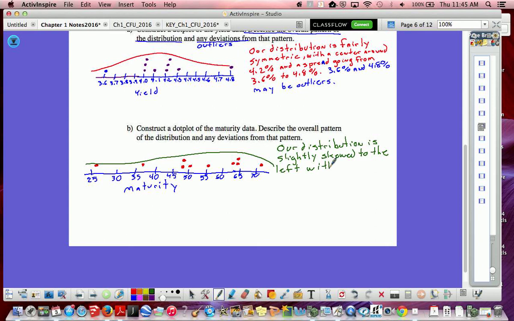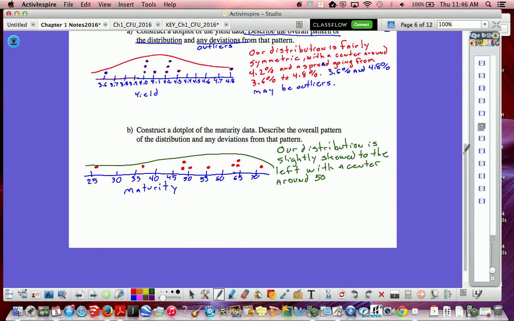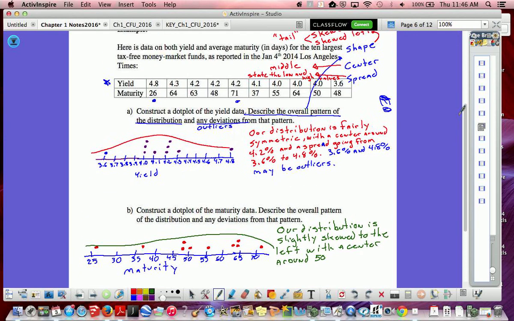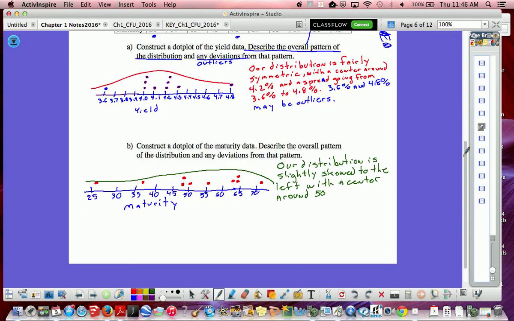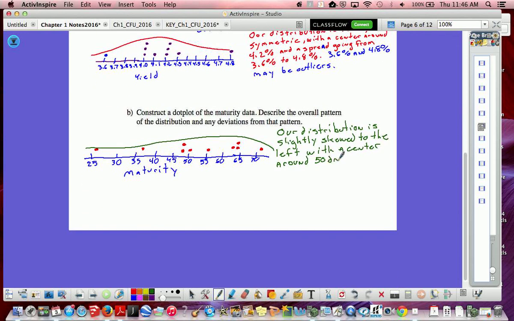I can say with a center around 50. Sound good? Or do you want something else? Around 50. And what are the units on the 50 of the maturity? Is it months or years? Days. Maturity is in days. Around 50 days.